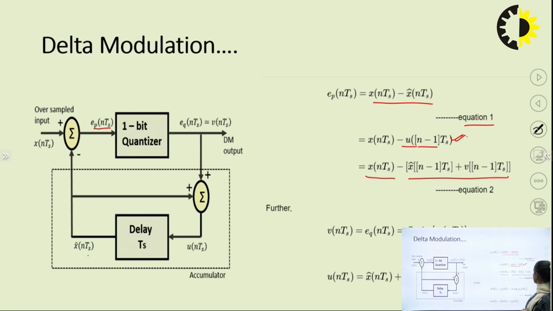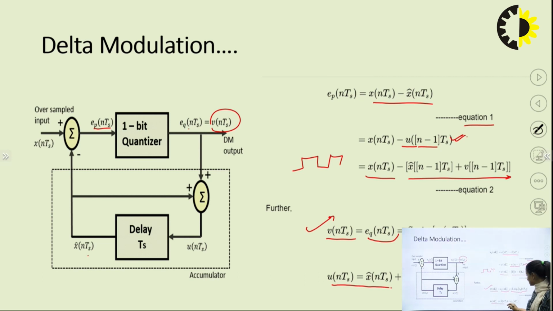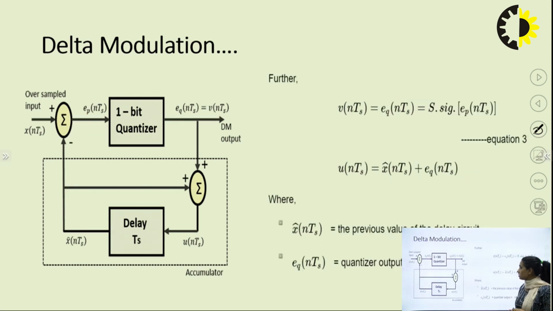So this can be rewritten as this. And finally, what do we get as v(nTs)? That is my quantized signal, which equals e_q(nTs), and this represents the signum function, right? As it is a staircase, we get a pulse-like representation, right? So my u(nTs) is this plus this, which is shown here from the circuit. Further, what is the value of my v(nTs) if I want to see?